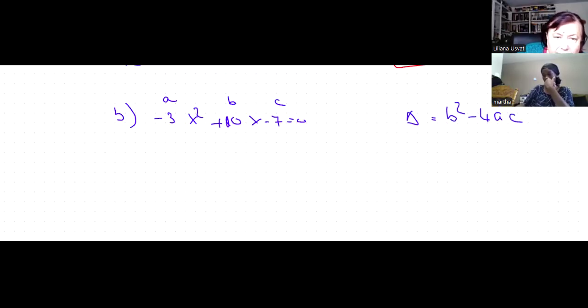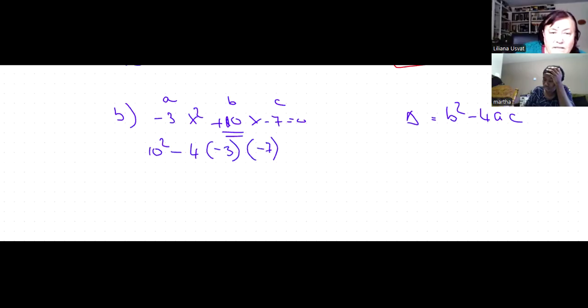So B squared, it's 10 squared. This is B. Minus 4. A, it's minus 3. C, it's minus 7. Equal. So this is the discriminant.